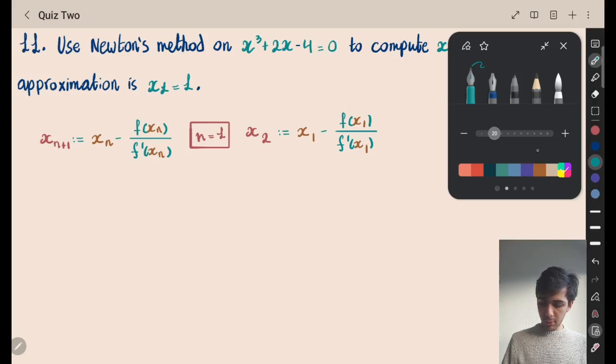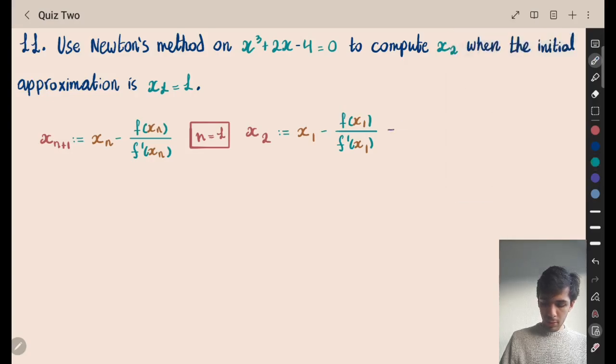Well, x1 is equal to 1, and then you take away f of x1. So when I plug in x1 here, I get 1 cubed plus 2 times 1 minus 4. This gives me minus 1.